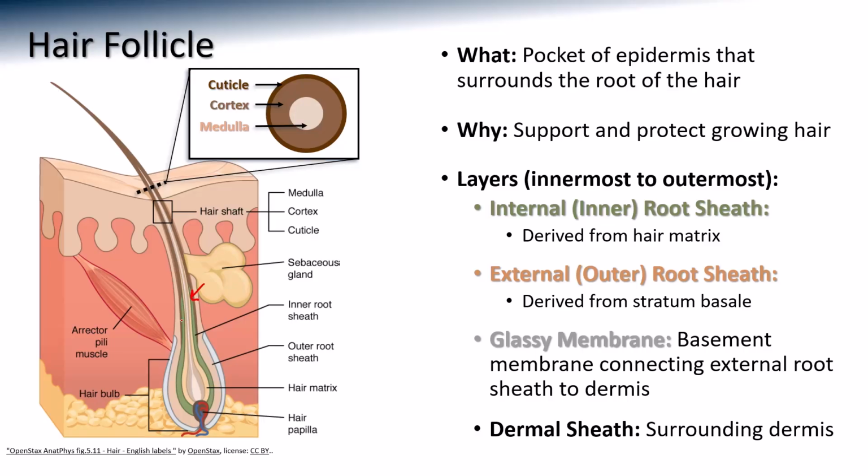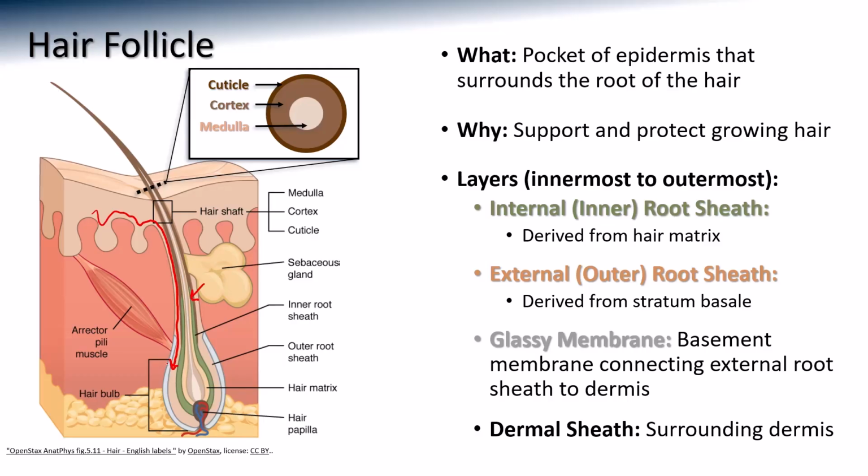External to that, the outer root sheath is derived from stratum basale. So here is our epidermis up here where I'm drawing. You can see that that's dipping down here, and that's continuous all the way down. That is going to turn into the external or outer root sheath.